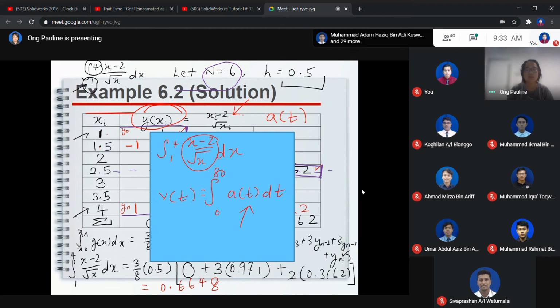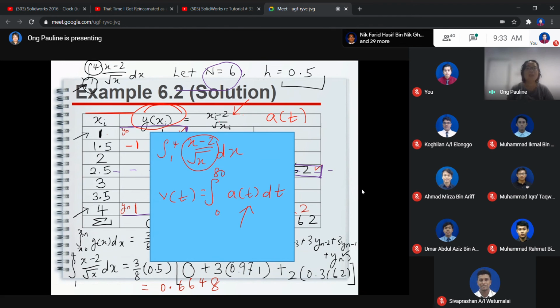x yang tertentu. Okay, dan for this question, do you know the nilai acceleration pada time tertentu? Kan kita dah tahu nilai acceleration dia pada 10, pada 20, pada 30 saat tu nilai dia apa? Kan dah tahu.